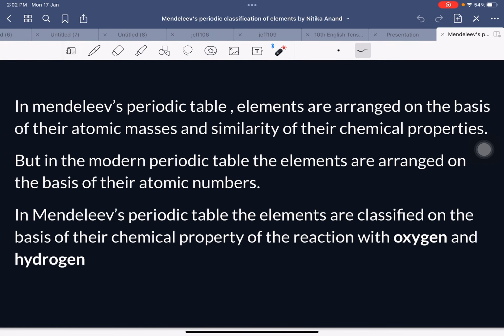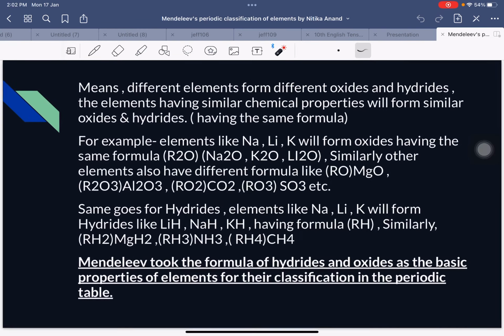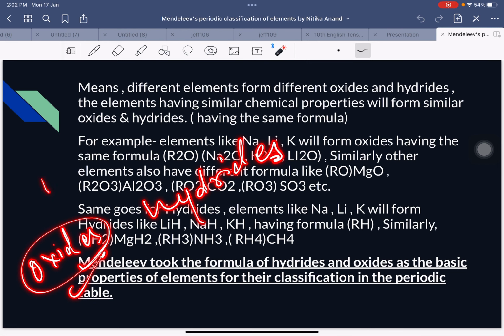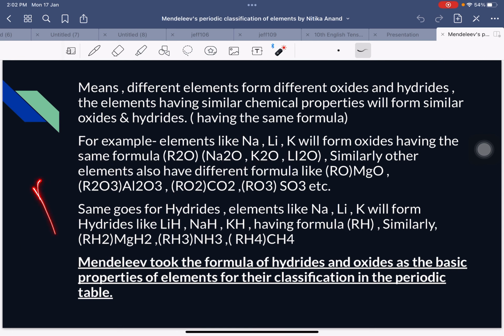One main feature for Mendeleev was that his classification was based on how elements react with oxygen and hydrogen. For example, we have different elements which form different oxides and different hydrides. Some elements have their formula for oxides as R2O, some have RO, some have R3O, where R is the metal or the element.